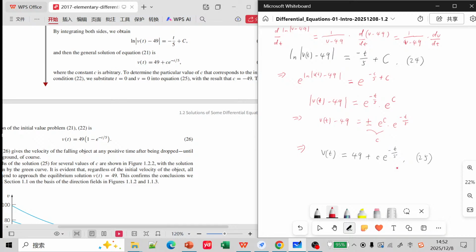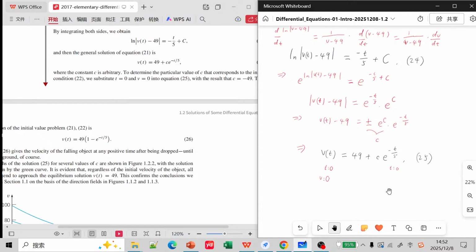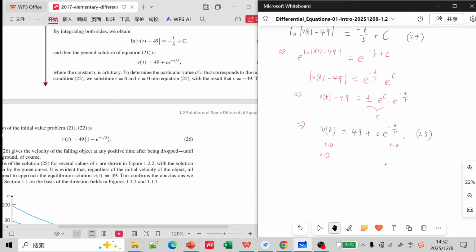So here t is equal to 0 and v is equal to 0, and we can get 0 is equal to 49 plus small c times e to the minus 0 over 5.